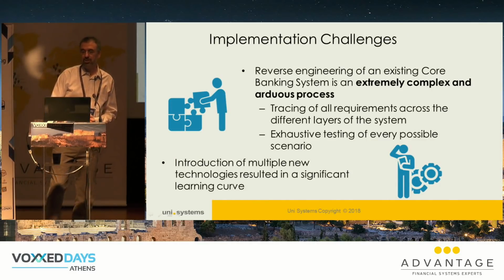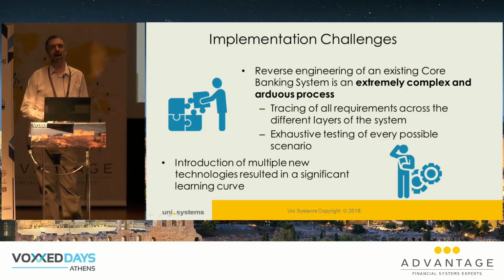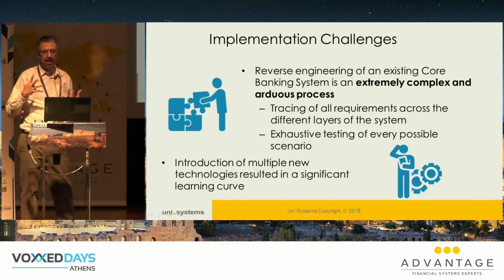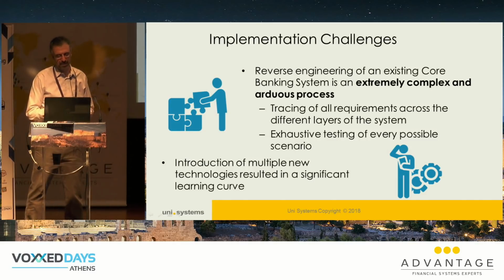So, implementation challenges. It may not be very apparent to you, but reverse engineering, because that's what we did, of an existing core banking system is an extremely complex and arduous process.